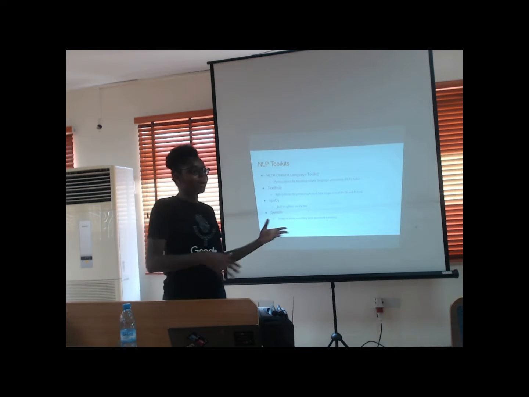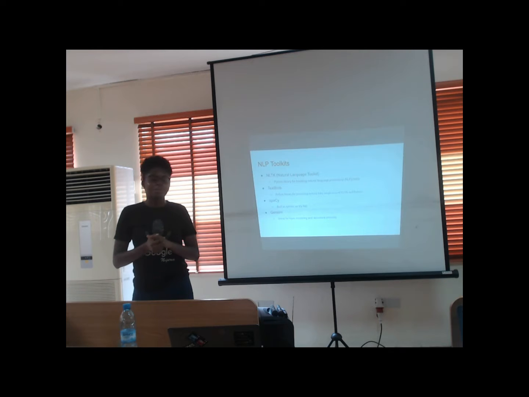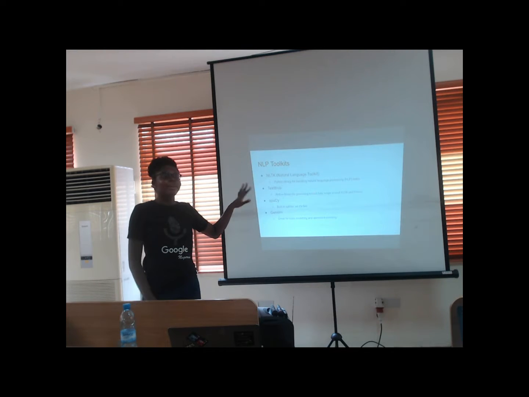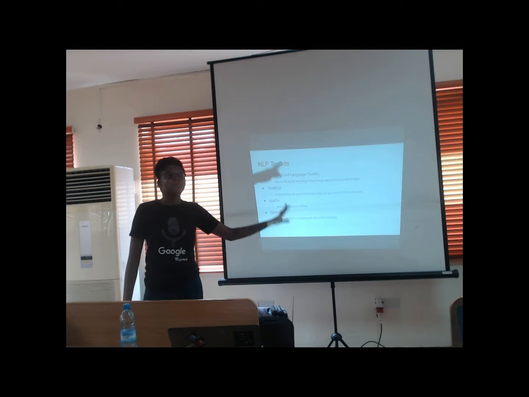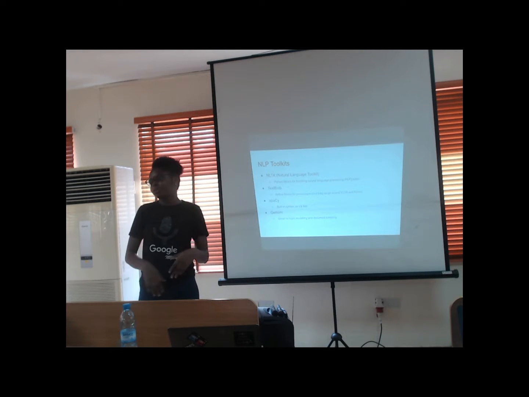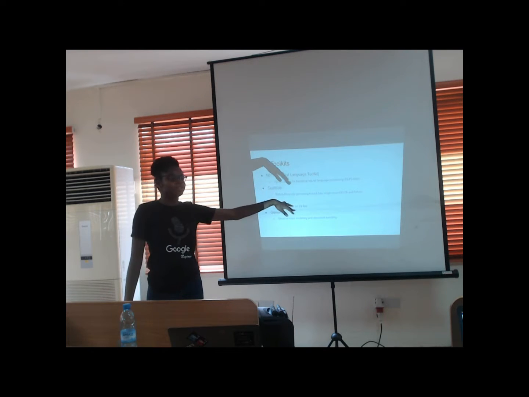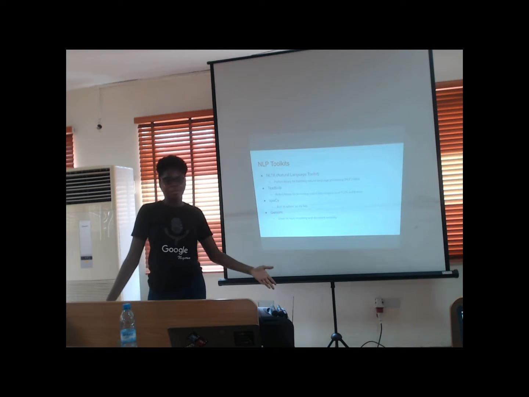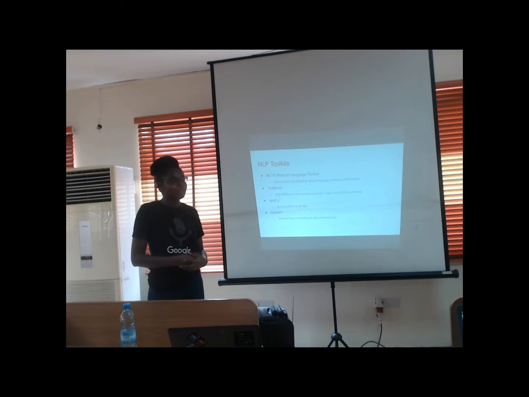So before we move on to text processing methods, there are some toolkits for text processing, so you don't have to write a lot of functions on your own. There's NLTK, the Natural Language Toolkit. It's a Python library for handling natural language processing tasks. There's TextBlob.